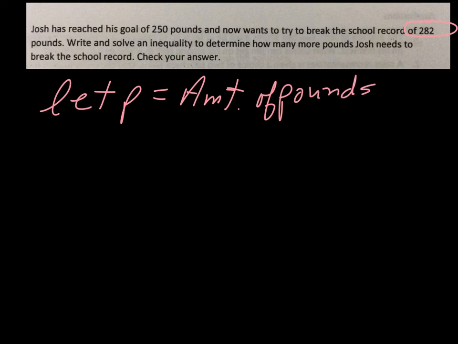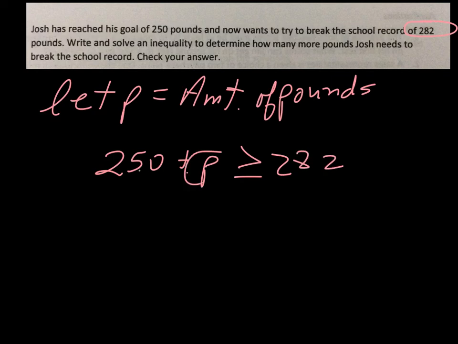All right, so in this case, Josh already has 250 pounds. He's going to add some more when he tries to break the school record of 282. Now, in order to tie or break the school record, he either has to equal it or be more than that. So that's why it is 250 plus however many pounds he puts up.